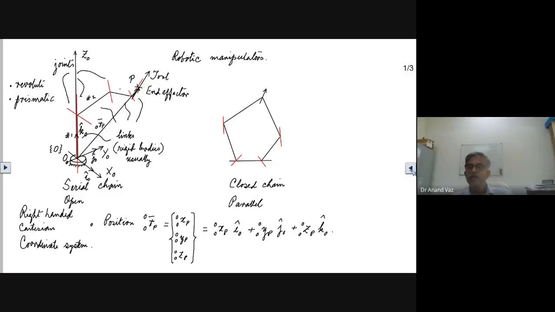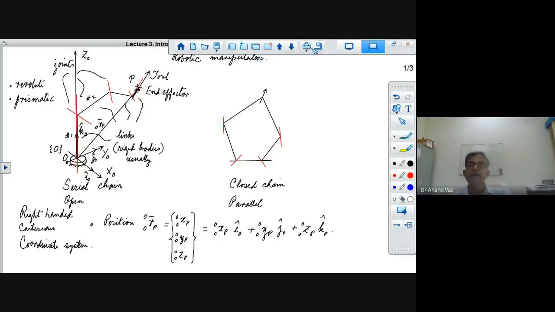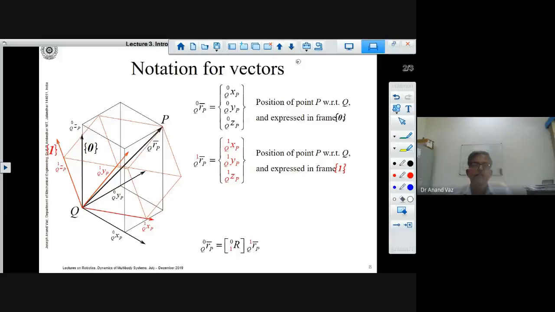Now I'm sure that this slide of yesterday makes better sense to you. We represented this position vector in terms of the components of frame 0 and also the components of frame 1.